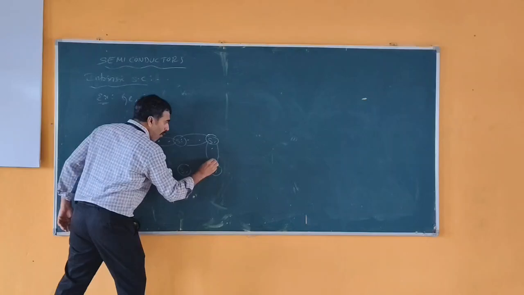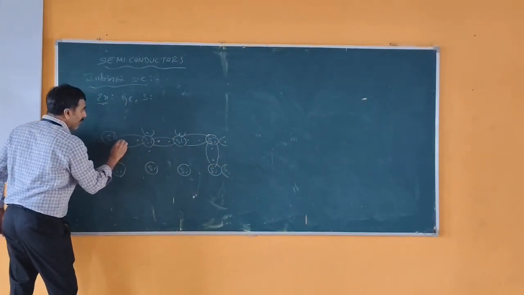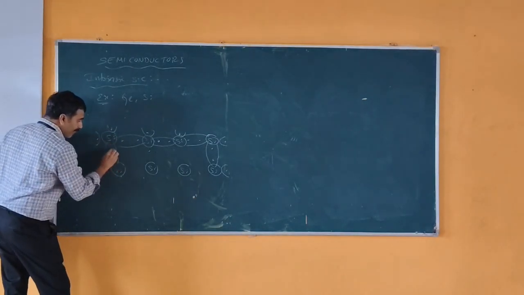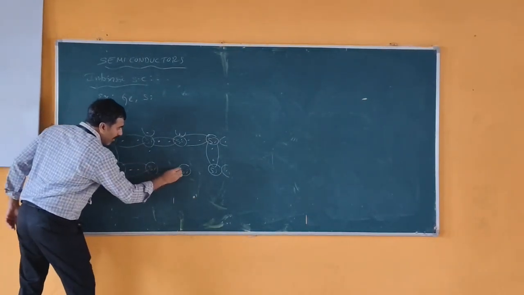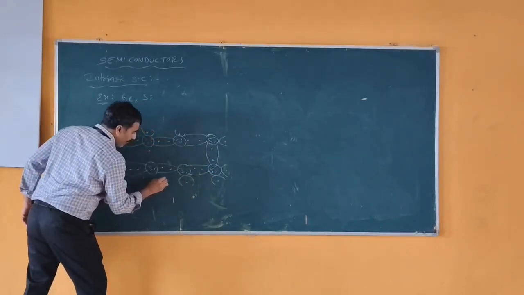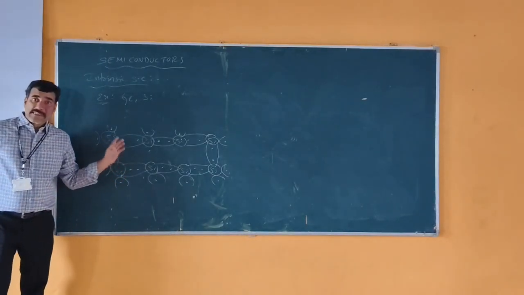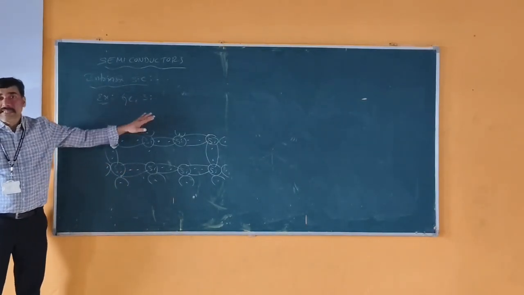In this way, all the electrons available in the material bond with the neighboring atoms. This is the structure of germanium or silicon.